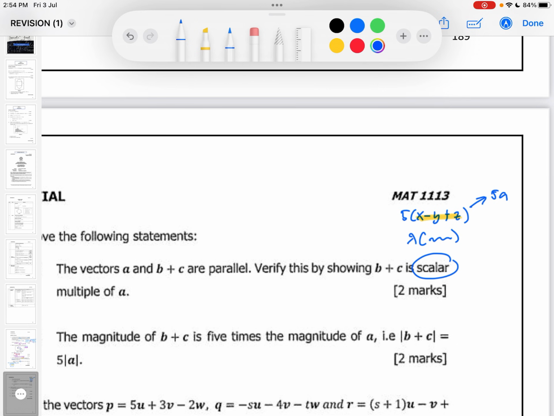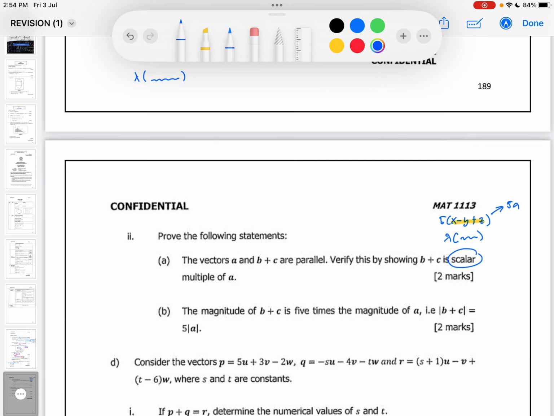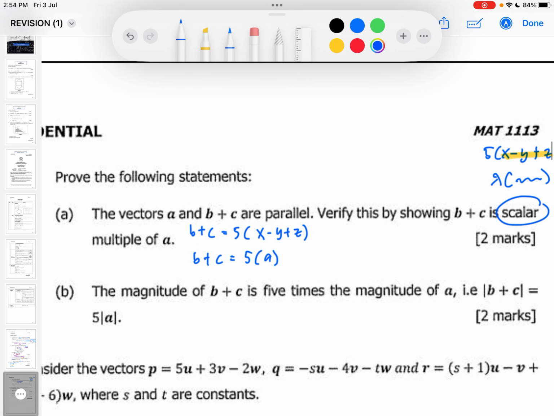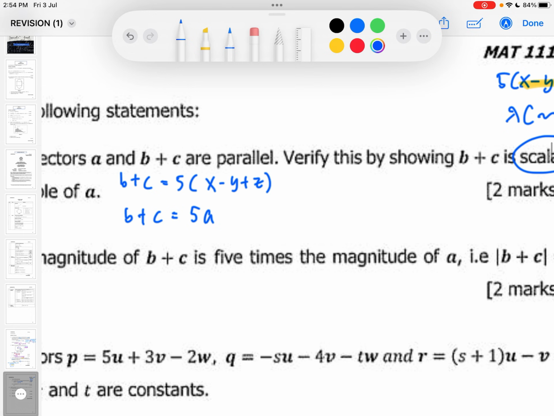But we have to write it in a proper method. I'm going to write it like this. B plus C equals 5(x minus y plus z). Therefore, B plus C equals 5A. You don't need to put the brackets. So 5A is your answer here.